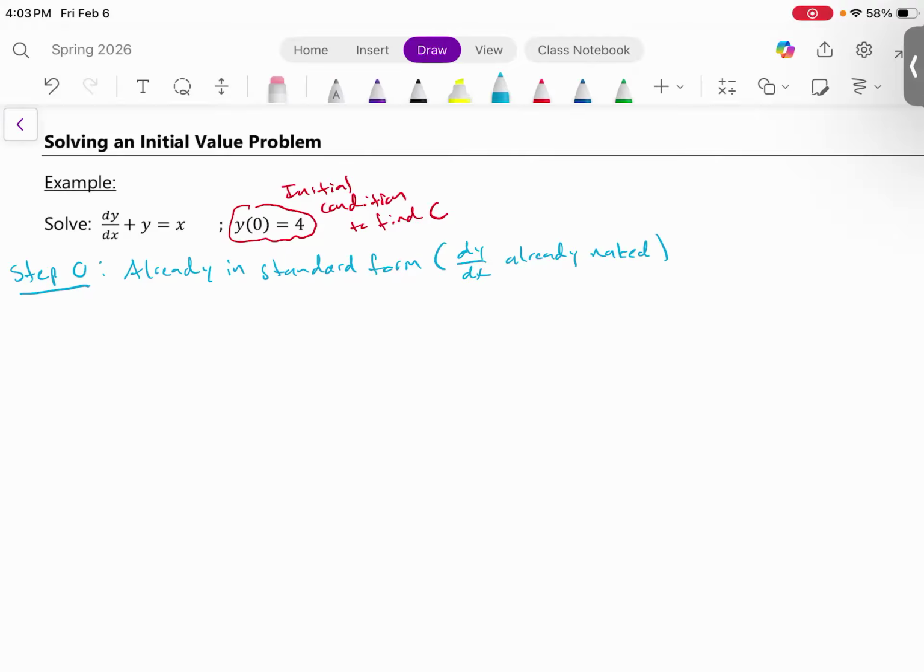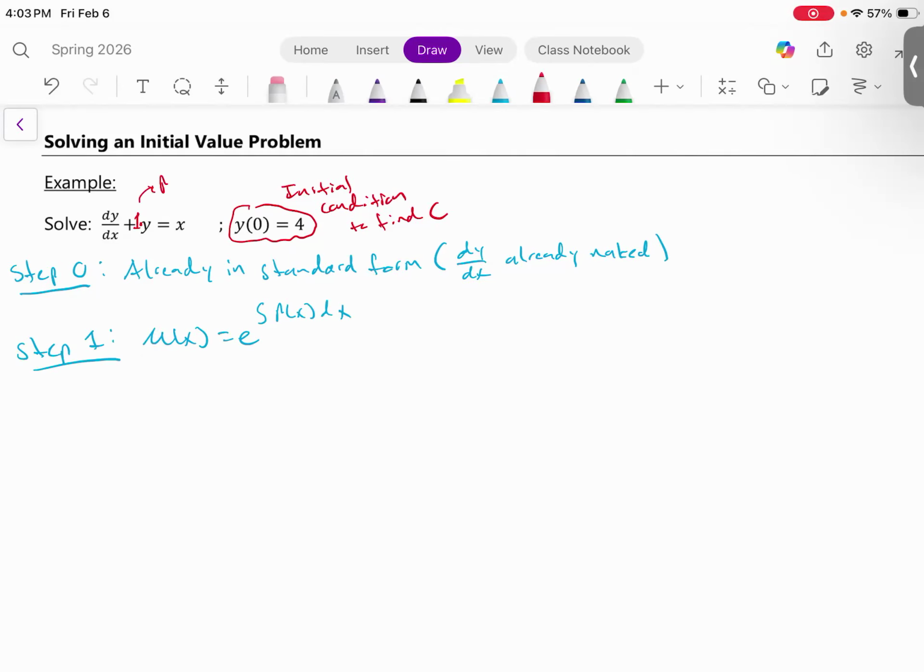So that means that I need to calculate my integrating factor now. So my integrating factor, mu, is e to the integral of p of x dx. Well, what is p of x? We just have y here, but it's like an invisible 1 times y.